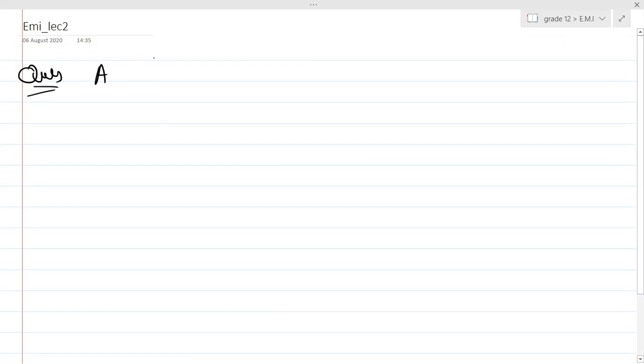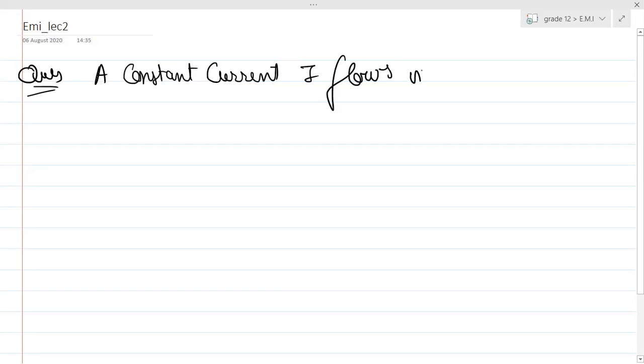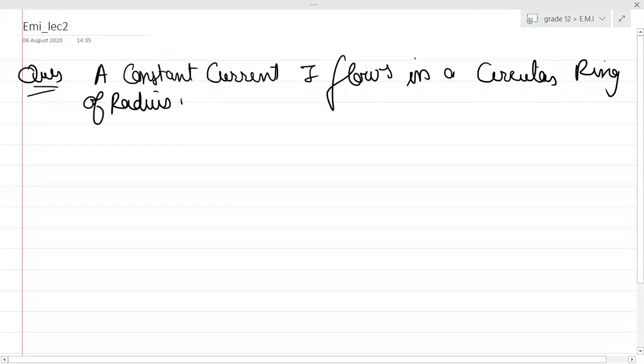The question is a constant current flowing in a circular ring of radius capital R. So let's name this as ring one.